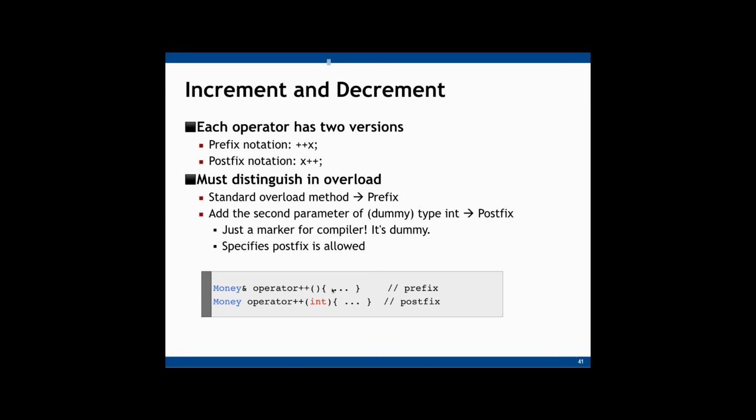So you can distinguish them by putting the int type of parameter for the second operand. These are the things you should know when you are overloading the increment and decrement operators.